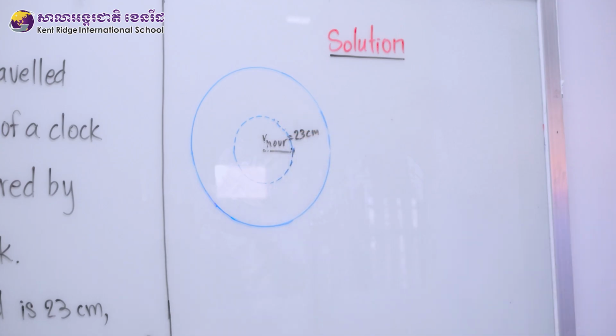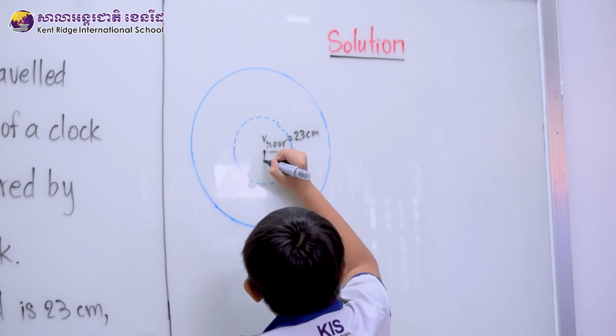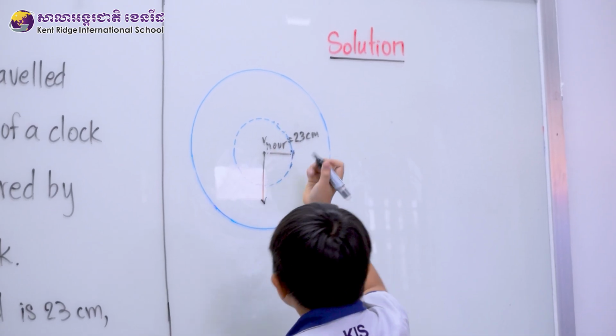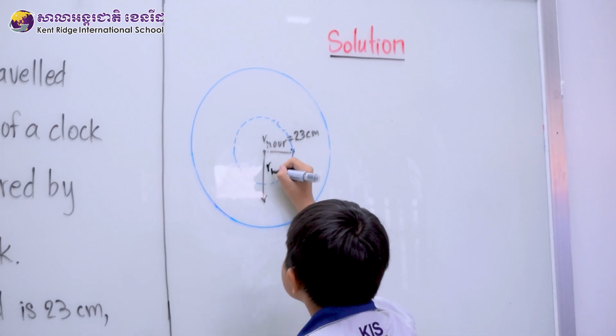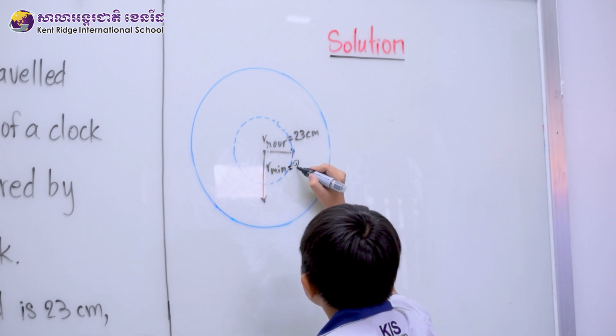And next we're going to draw the minute hand. The radius of the minute hand is the thing we are trying to find.